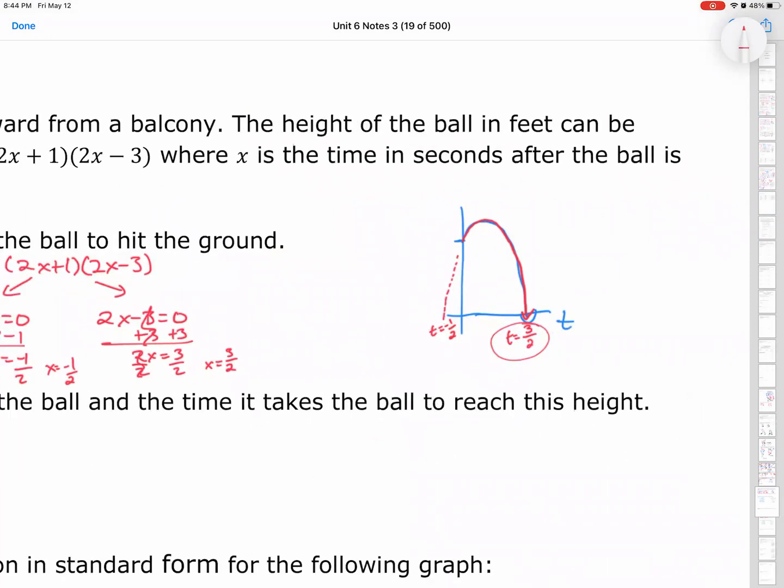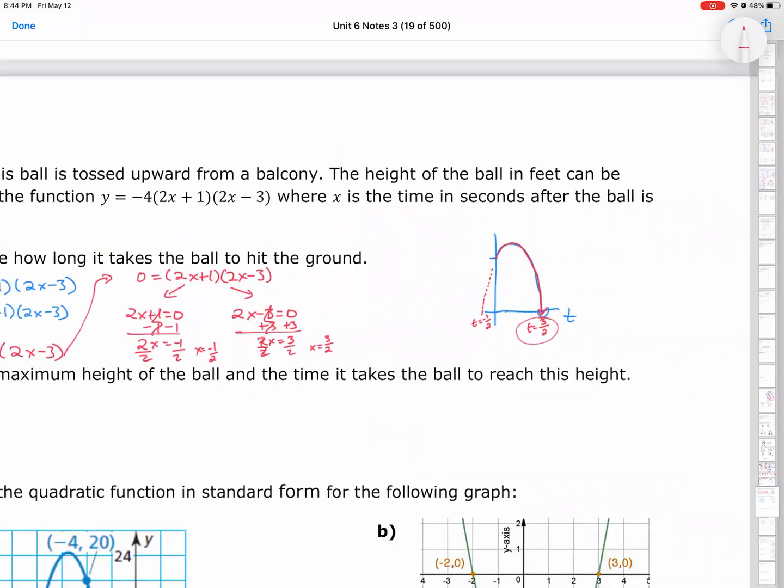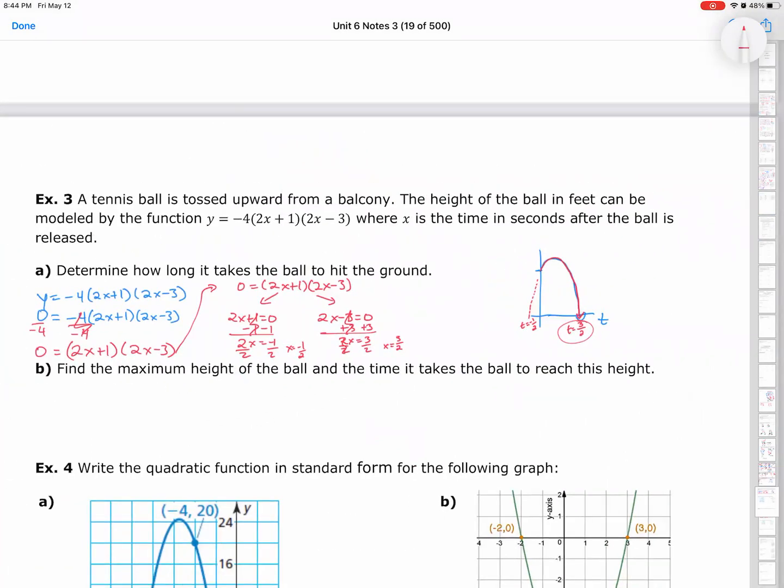And so that is how long it would take for the ball to hit the ground, because at time 0 is when it started, when the person launched it, and then 3/2 seconds or 1.5 seconds later, the ball hits the ground. On this one, I wouldn't try to take the mean, or I wouldn't try and take the full distance here.